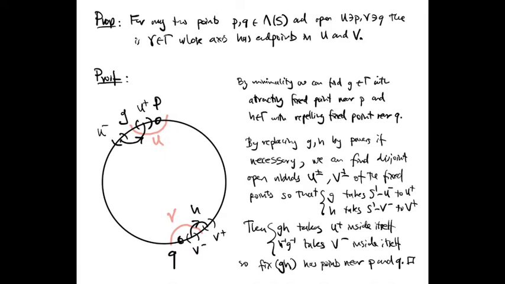Similarly, G inverse takes the subset V minus inside U minus, and then H inverse takes the subset U minus inside V minus. So H inverse G inverse takes V minus inside itself and must also have a fixed point. Thus, the element GH has fixed points near P and Q.